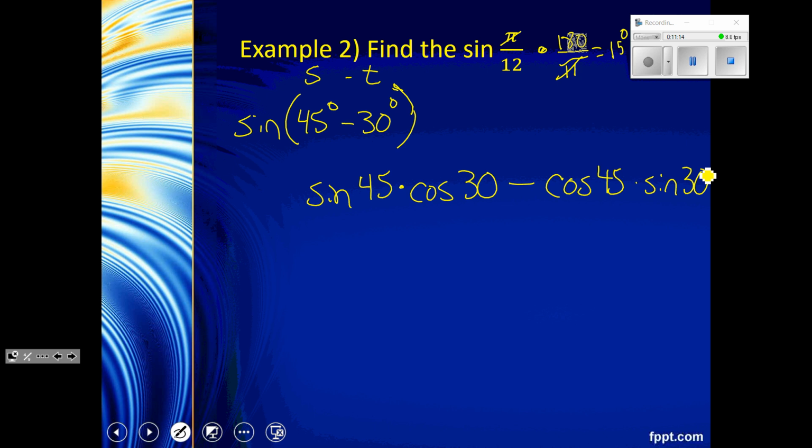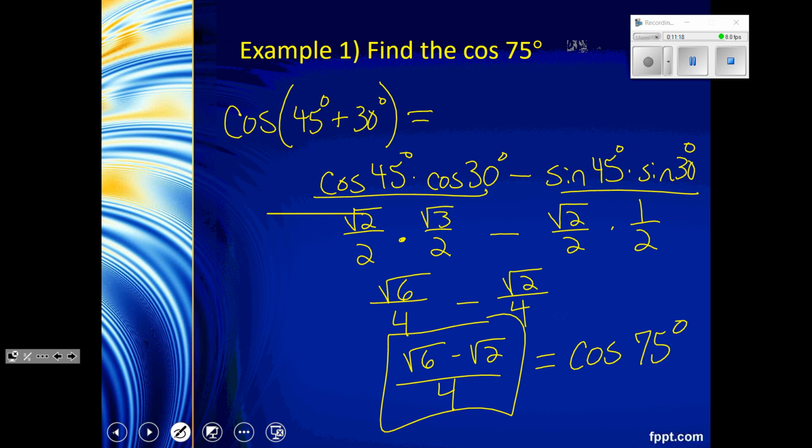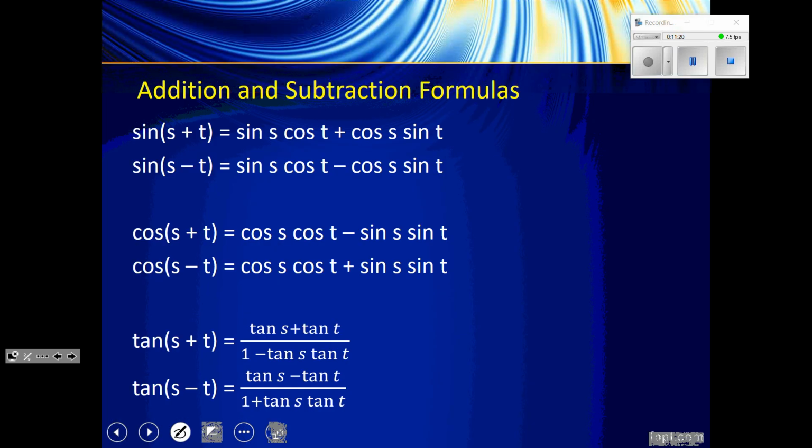Let's go back really quickly and look at our formula. If I'm using the sine and I'm subtracting, it is the sine of the first number, so that would be the sine of 45, times the cosine of the second number. The cosine of t, which would be the second number, which would be cosine of 30. Minus, then it's the cosine of the first number times the sine of the second number.